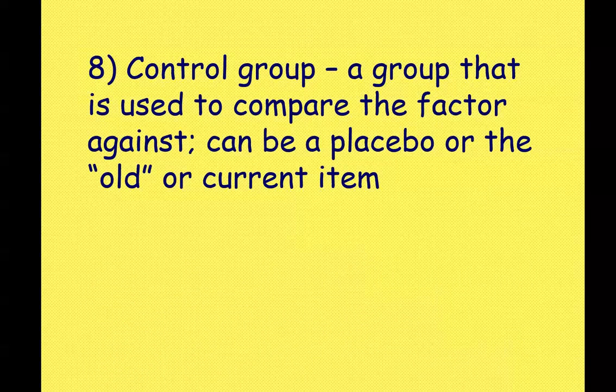So I need to have a control group. Control group gives me something to compare the factor against. In other words, a placebo would be a good word that we use here. If I'm claiming the rabbit food is going to make a difference, I need to have something to compare it to. And that comparison we call a control group.